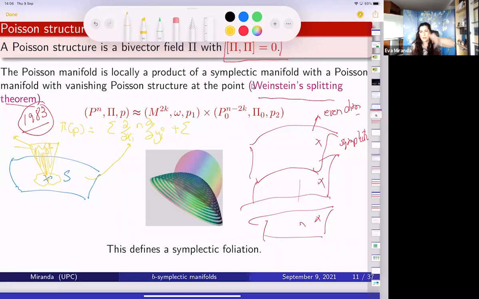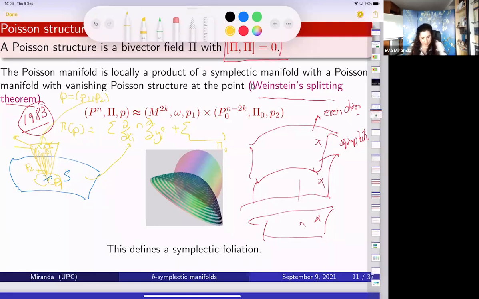You have a kind of slice, the yellow slice. And here you have another structure, pi 0. And of this structure, the only thing you know is that this structure vanishes at the point. So you know that the point has two components, P1 on the symplectic slice, and P2, if you want, on this Poisson orthogonal.